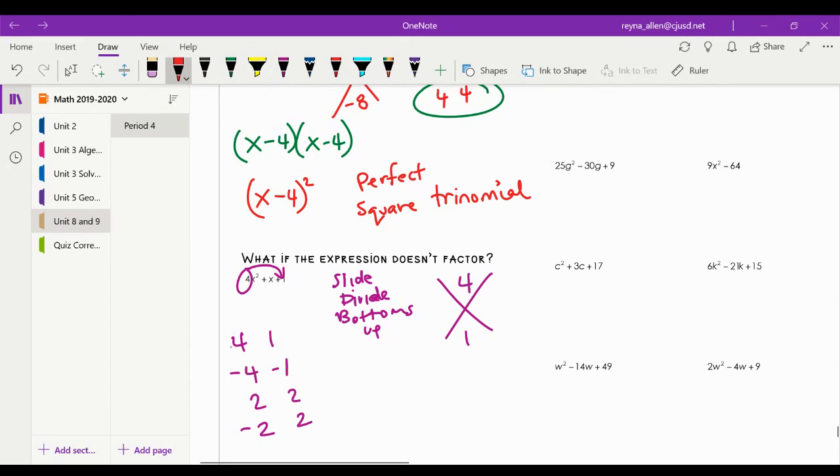Okay, so if we add 4 plus 1, that equals 5. That doesn't work. -4 and -1, that equals -5. That doesn't work. 2 plus 2 equals 4. Doesn't work. -2 and -2 equal -4. That doesn't work. None of them will total 1, which means this one is non-factorable. Whenever it's non-factorable, we call it prime.